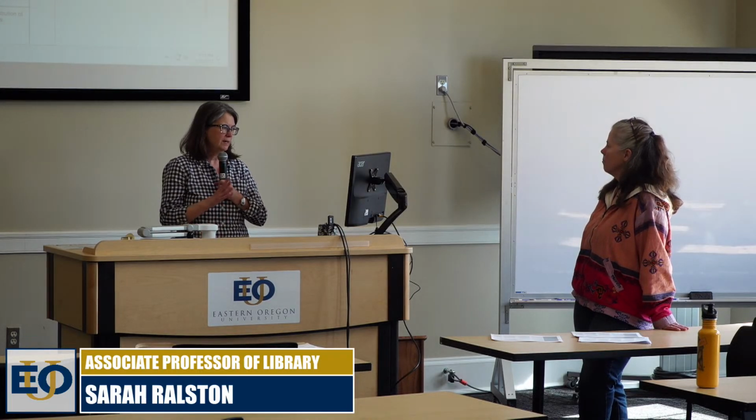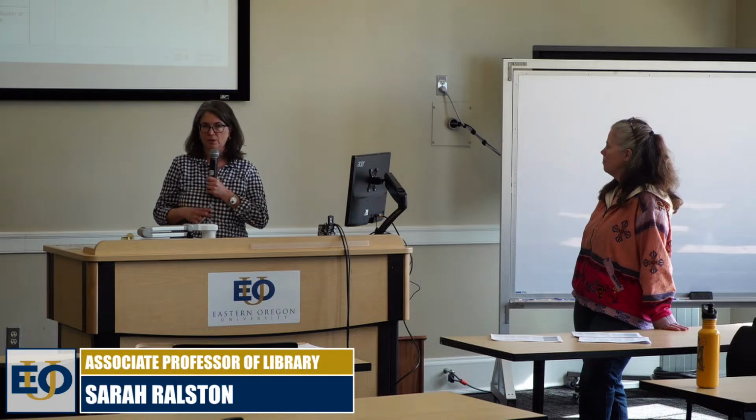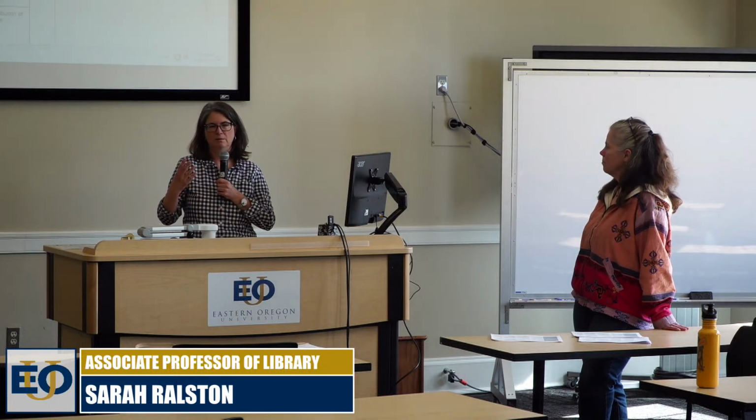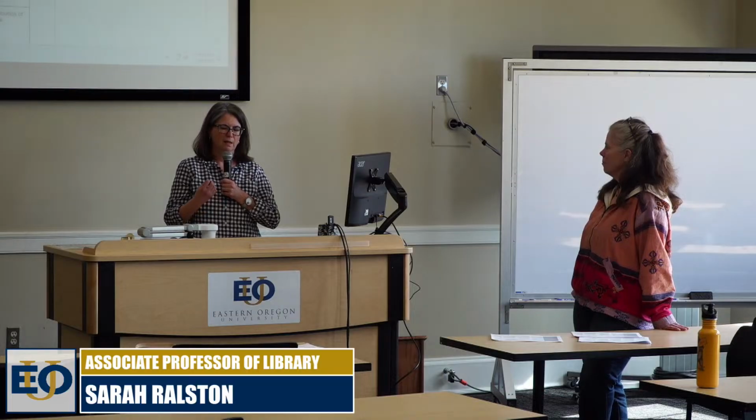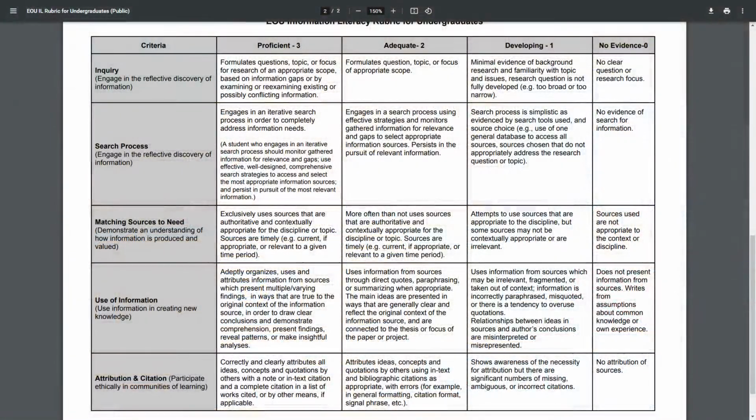And so we developed this in part as an alternative to the value rubric, thinking about how we might assess information literacy as we are actually teaching it here, which is a conceptual-based approach instead of a skills-based approach. The value rubric is definitely more skills-oriented than concepts-oriented.